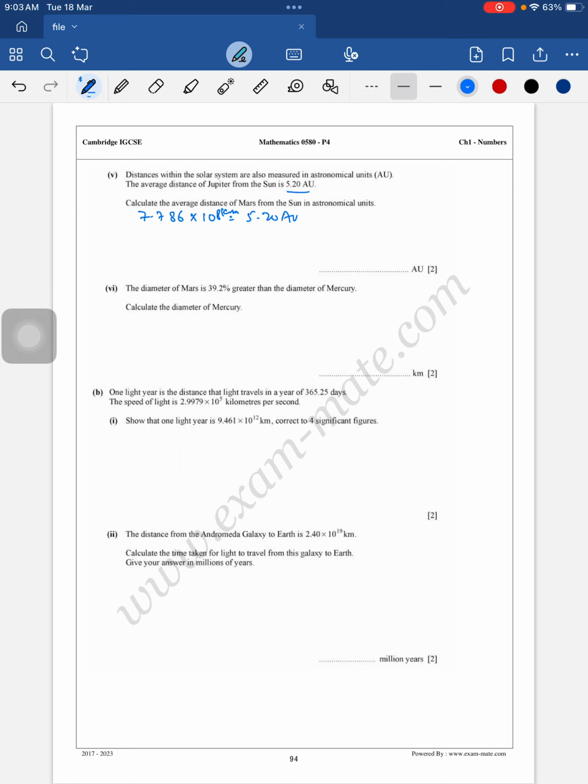So if I convert using the unitary method, 1 kilometer is equal to 5.20 divided by 7.786 exponent 8, right? So we are getting 6.678 exponent minus 9 for 1 kilometer.